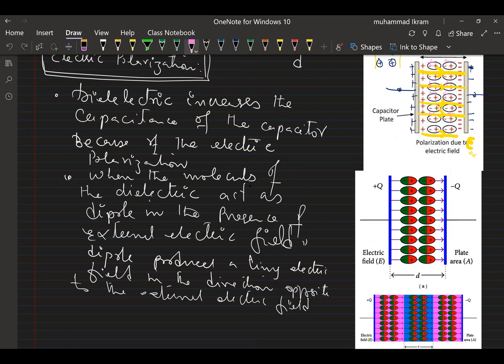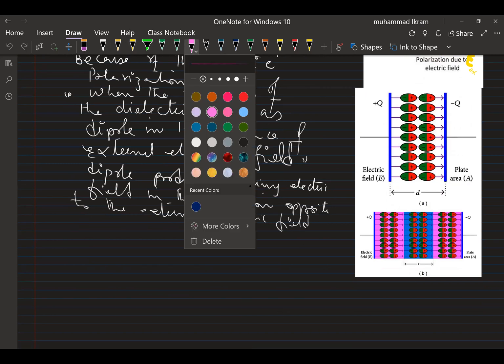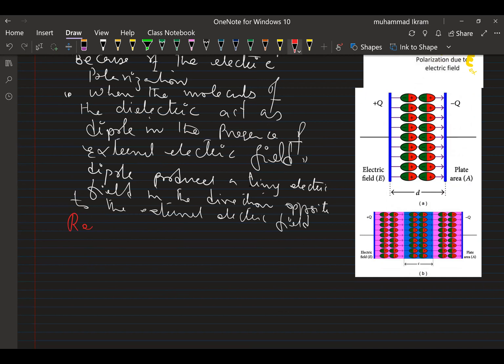It reduces the electric field. The result I would like to write here: this causes the net external electric field E to decrease.